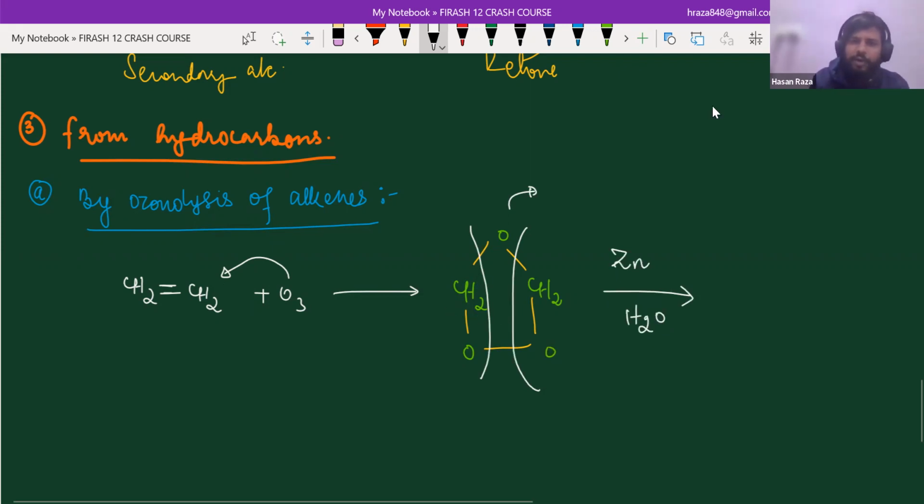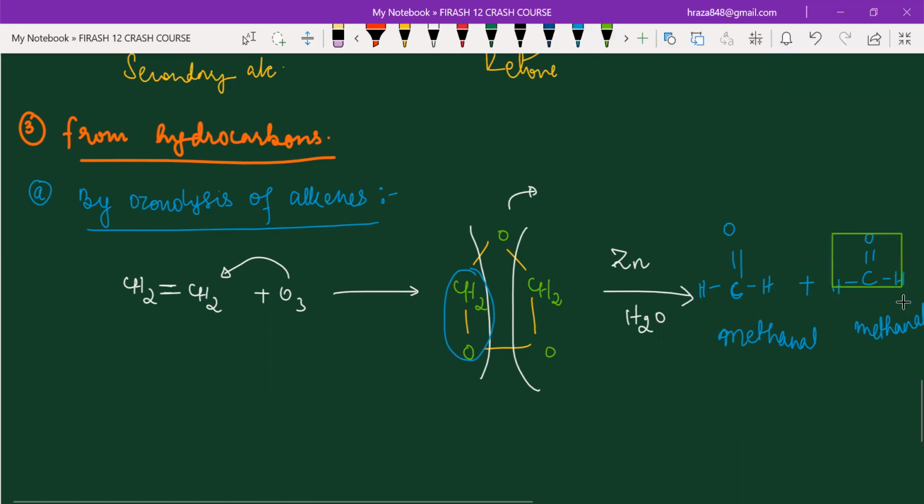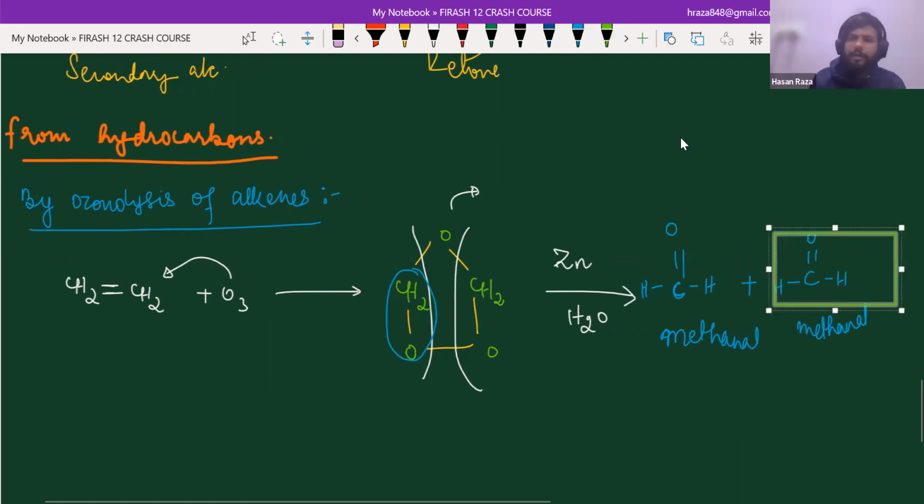On the left hand side you have got CH2O, that means H and O with a single bond, but carbon makes 4 bonds, so it will be C double bond O, with H. Another is the same. So ozonolysis of ethene gave you 2 moles of methanal, HCHO. This is your methanal, and this is also your methanal. Yes or no?